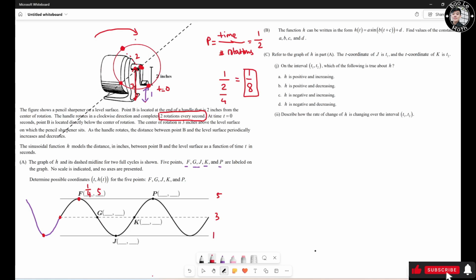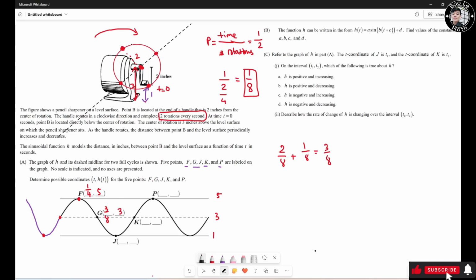Now, when the handle goes to this point, this is the midline. So we have 2/8, and you're going to add 1/8. It should be 3/8. So point G should be 3/8, and the height should be 3.